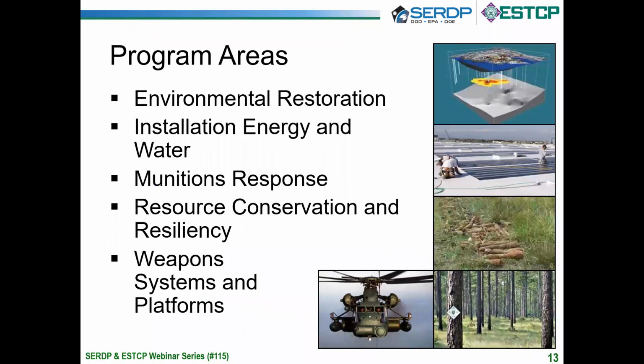The Installation, Energy, and Water program area is only in ESTCP, while the other 4, environmental restoration, munitions response, resource conservation and resiliency, and weapon systems and platforms, are SERDP and ESTCP programs managed jointly by a designated program manager.